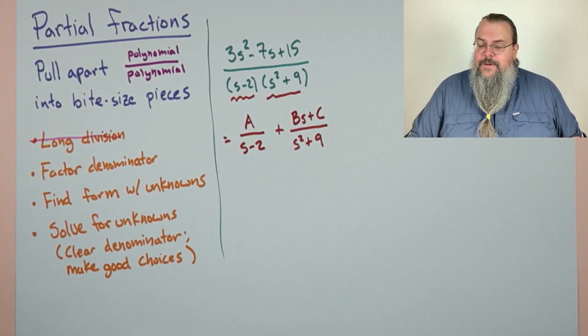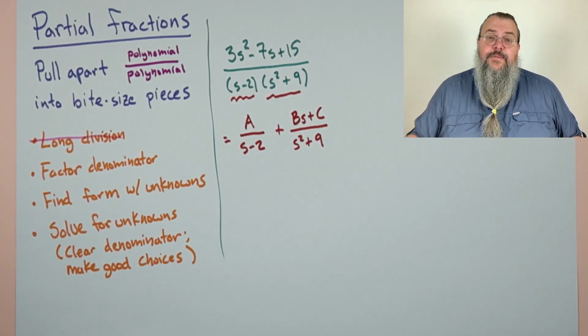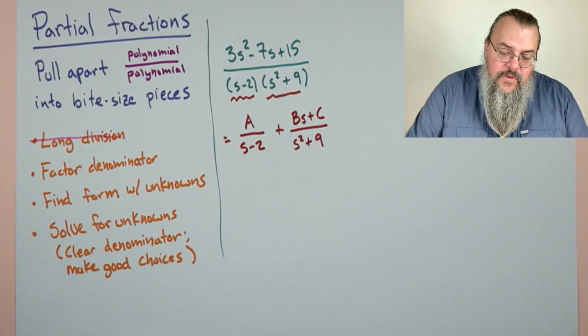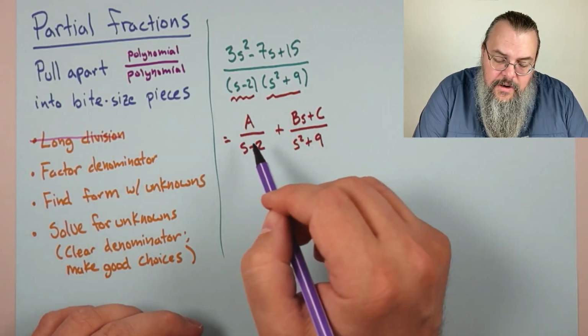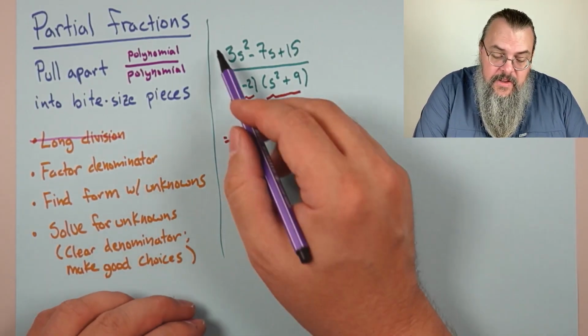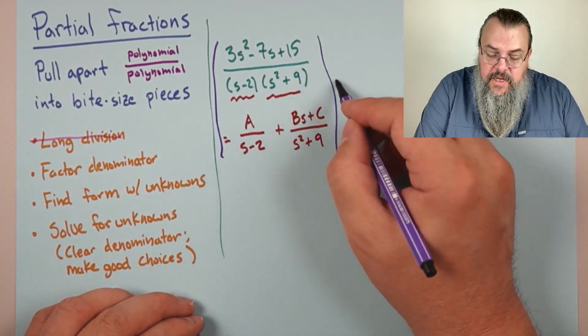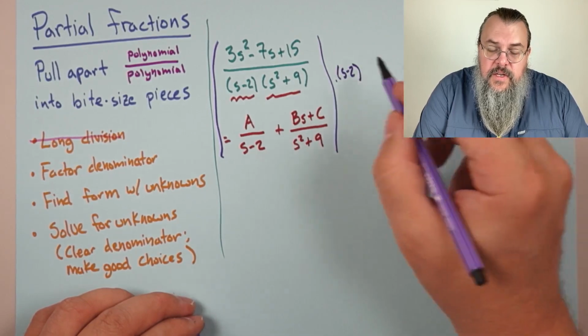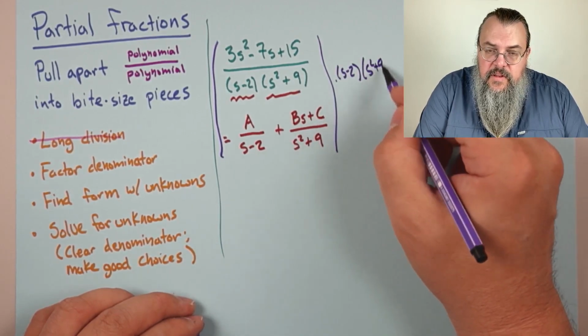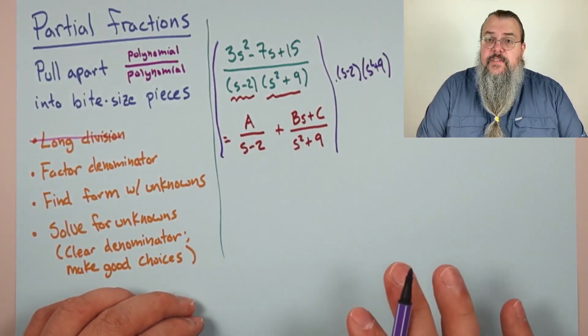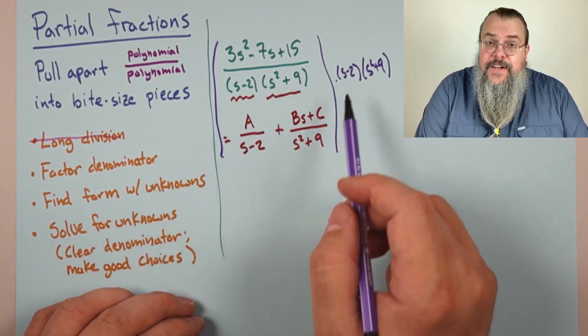So now we say, okay, so these two terms have to be equal. The only thing is, what are a, b, and c? So we're going to multiply everything by s minus 2 times s squared plus 9, on both sides, so we get rid of our fractions.